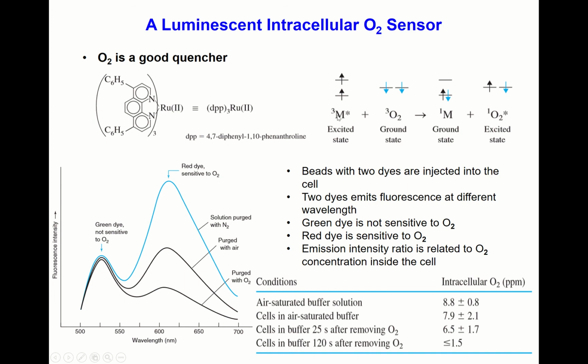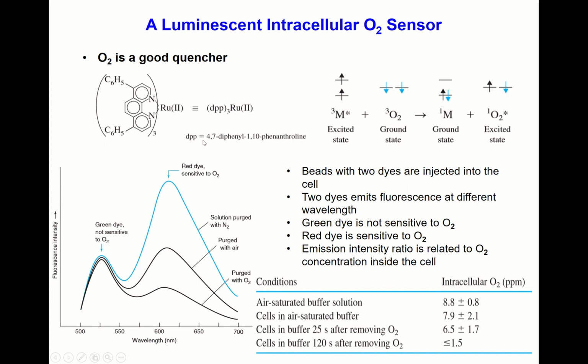Inside the cell, the O2 molecules are there, and O2 molecules are a good quencher. It behaves as a good quencher for this very strongly fluorescing molecule. This ruthenium complex is a complex with the DPP molecule.